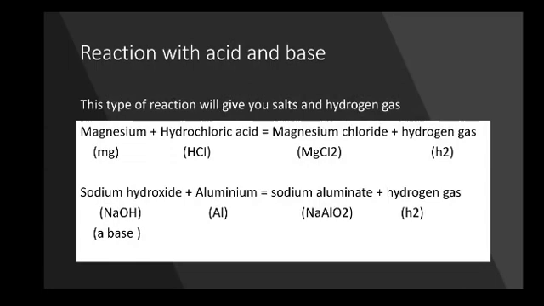Now sodium hydroxide, that is the base. First we did it with acid. So sodium hydroxide, NaOH, plus aluminium, Al, forms sodium aluminate, NaAlO2, plus hydrogen gas, H2, with the 2 as a subscript.